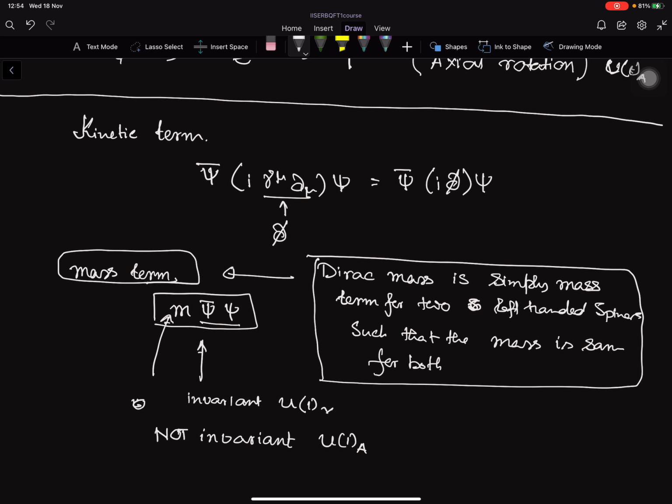If we perform an axial rotation, then the mass term changes.